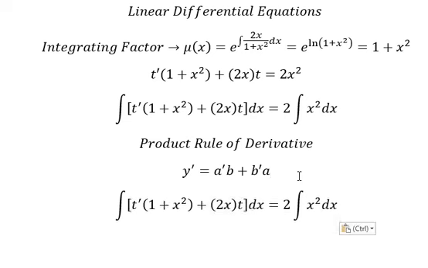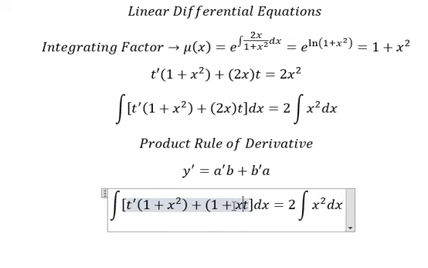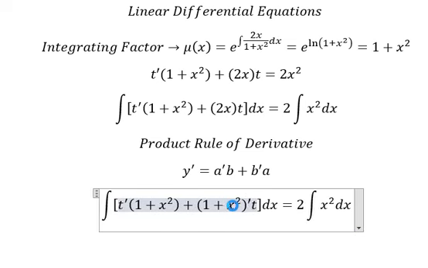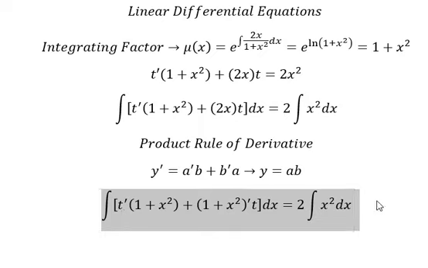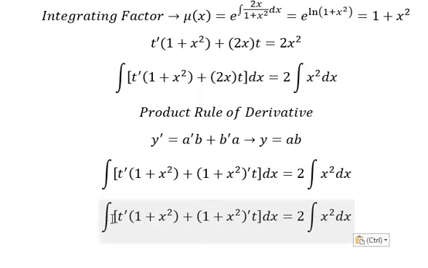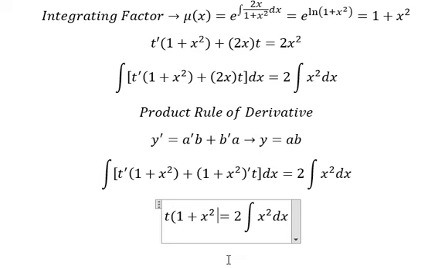So for this one, we have the first derivative of a multiplied by b. This one is the first derivative of b multiplied by a. So the integration of this one, we have y equals ab. So the integration of that one, we have t multiplied by 1 plus s squared.